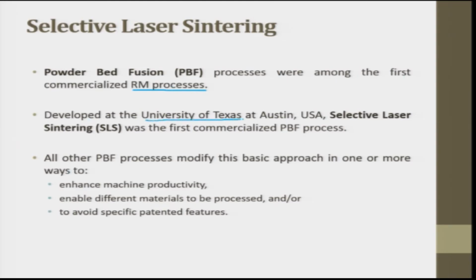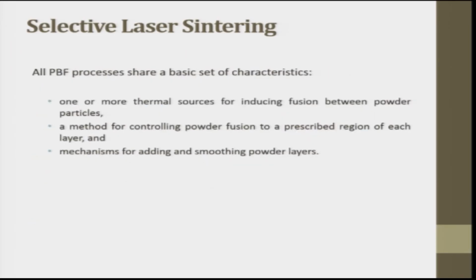Developed at the University of Texas at Austin, USA, selective laser sintering was the first commercialized powder bed fusion process. All other powder bed fusion processes modified this basic approach in one or more ways to enhance machine productivity, enable different materials to be processed, and or to avoid specific patented features. So, for these reasons, the PBF, powder bed fusion processes, were modified.